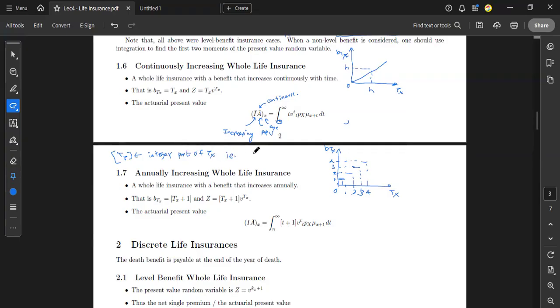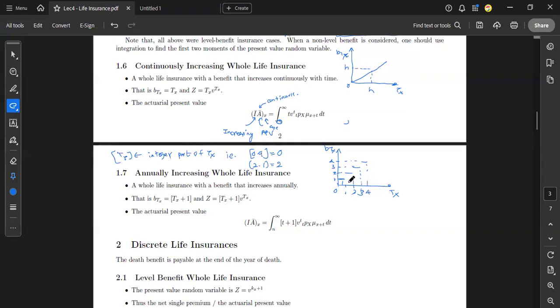If 0.9 bracket means 0, 2.1 bracket means 2. So in this case, you can see between 0 and 1, the bracket of Tx plus 1 gives 1. Then 2, 3, and 4.